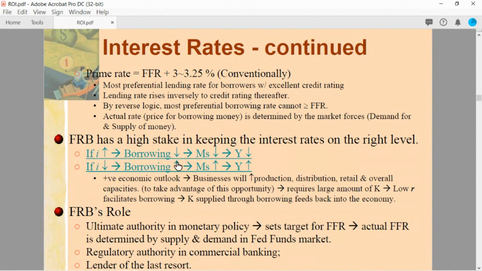Borrowing goes down. And the lender in that situation will be the federal bank. That's FRB. No. Any bank, overall any lender. Okay. You're saying this is overall in any banking situation, overall any lender.